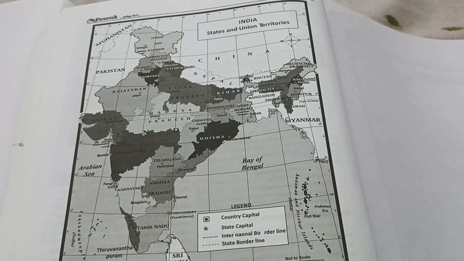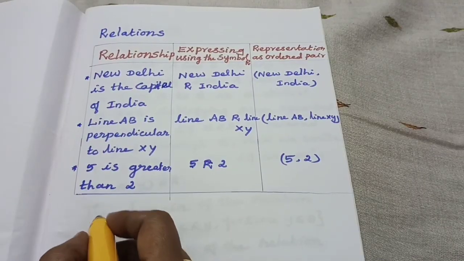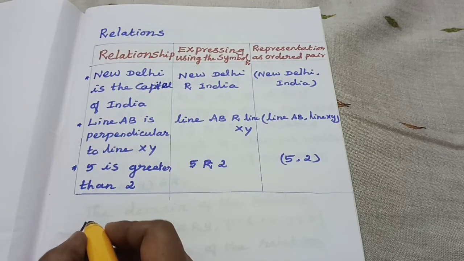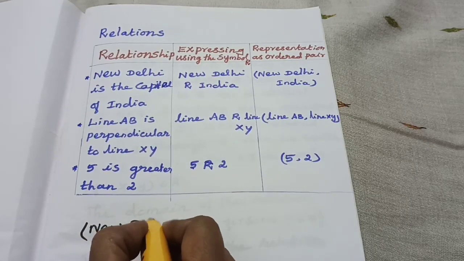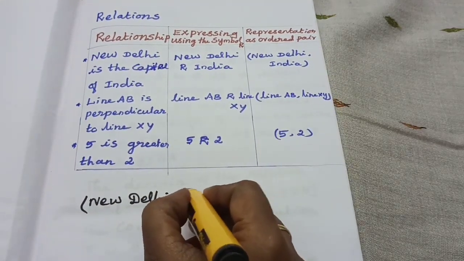When we specify a particular relation, providing only one ordered pair, we have only one ordered pair, that is (New Delhi, India).